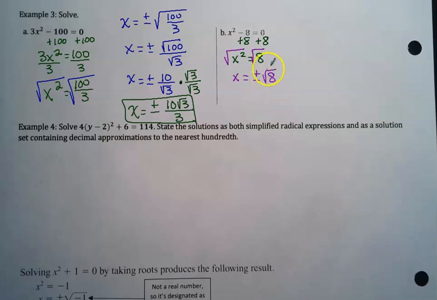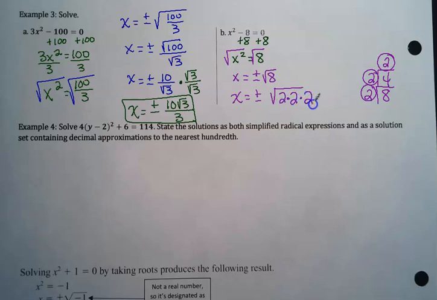Okay, 8 is not a perfect square, so we can do its prime factors. Right? 8 divided by 2 is 4. 4 divided by 2 is 2. I have a prime number on the top there, so I know that I'm done. So x is equal to plus or minus the square root of 2 times 2 times 2.